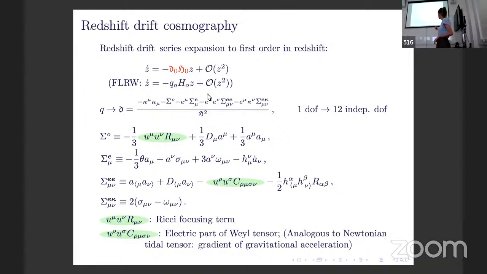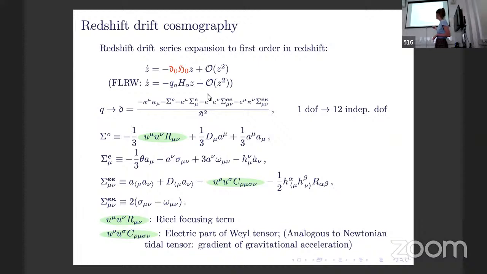There are also other interesting terms, for instance, the electric part of the Weyl tensor, which in Newtonian physics has a counterpart that is the tidal tensor, and it describes how the gravitational field strength is varying between test particles in the Newtonian limit.